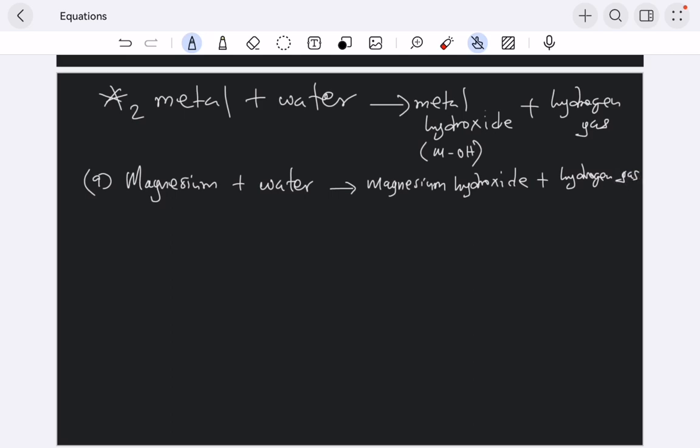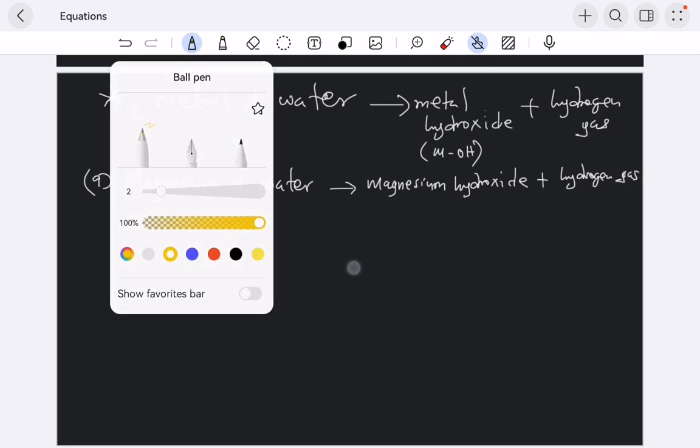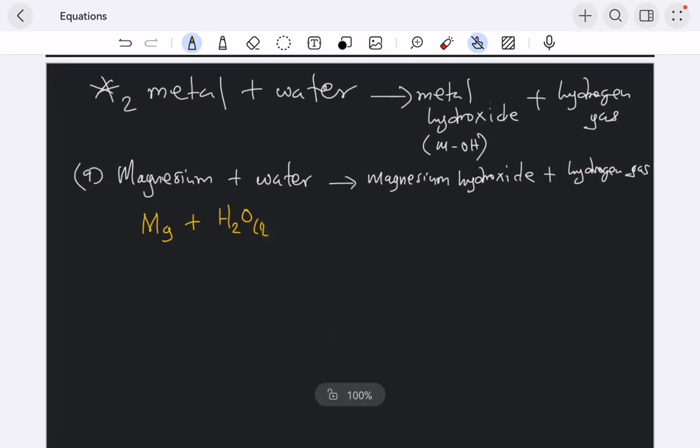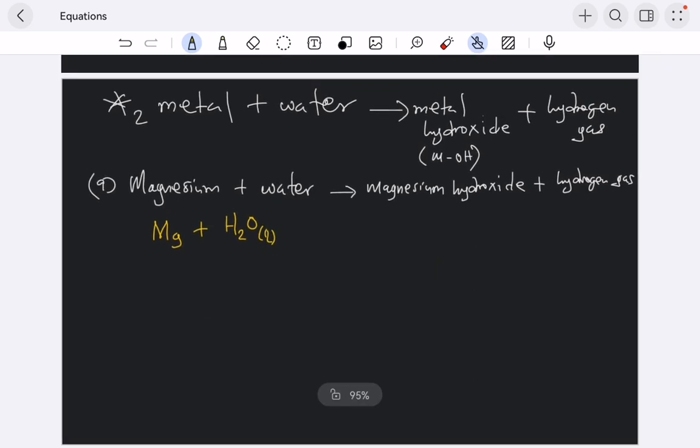To write the chemical equation, magnesium is Mg plus water, which is H2O, with a state symbol. I will talk about state symbols soon. State symbol L represents water, and state symbol G represents steam.